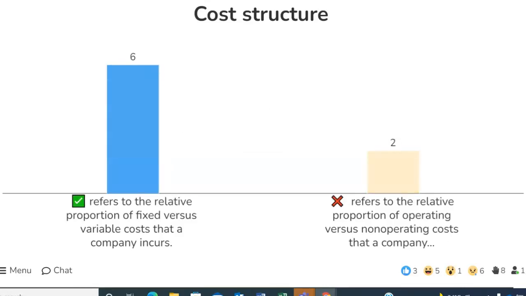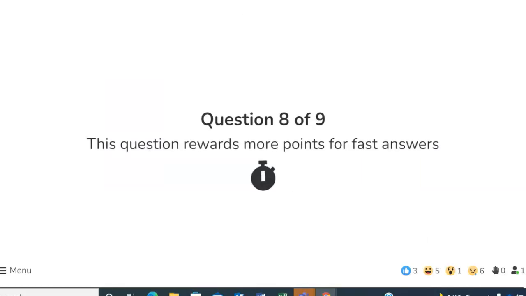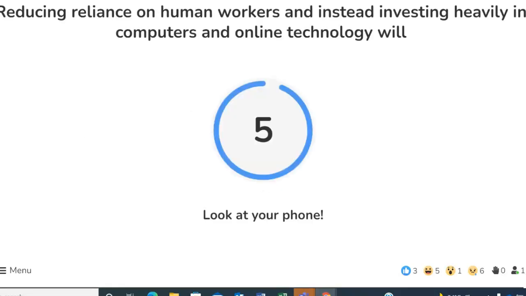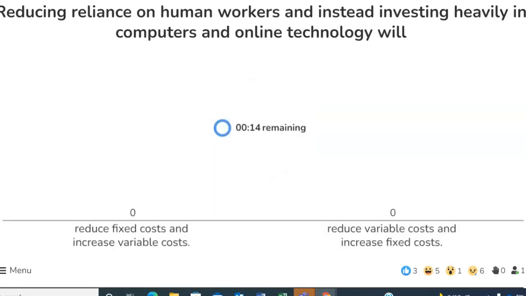That's right. One more. Oh, two more, sorry. Reducing reliance on human workers and instead investing heavily on computers and online technology will certainly change your cost structure.